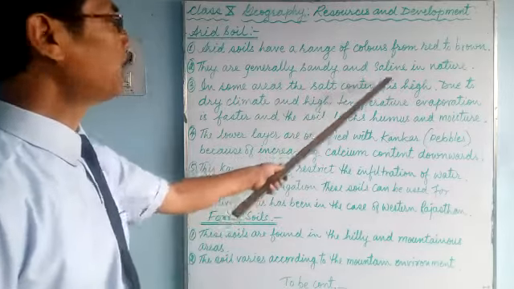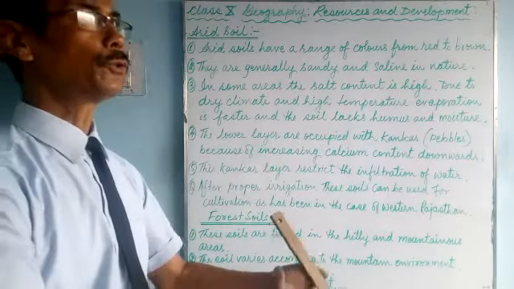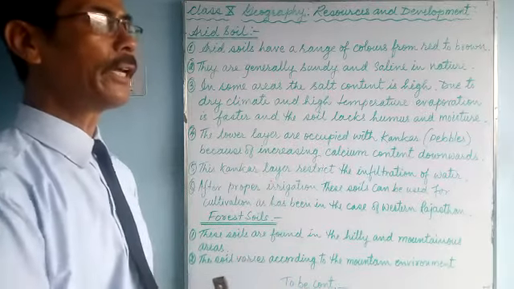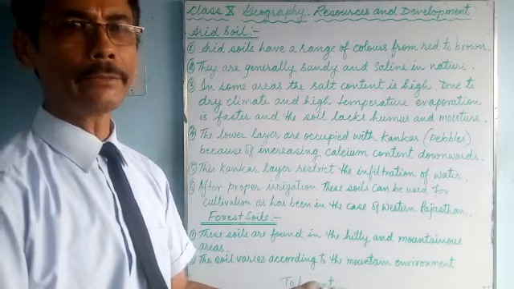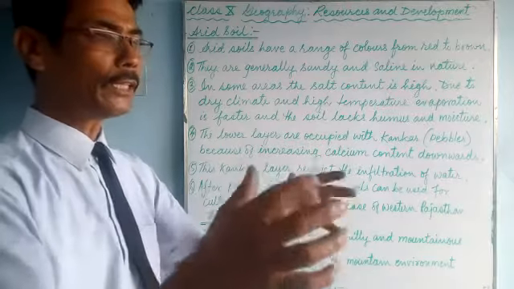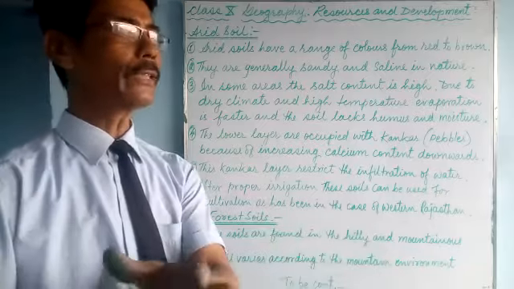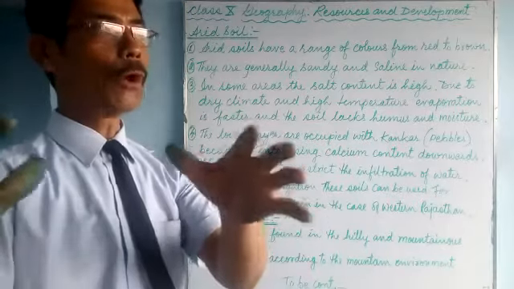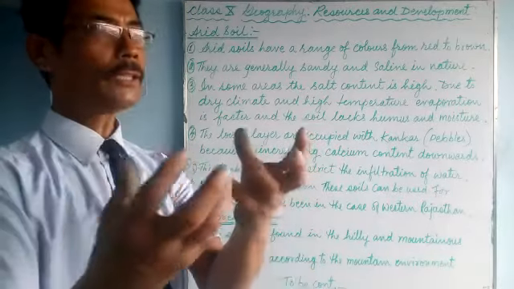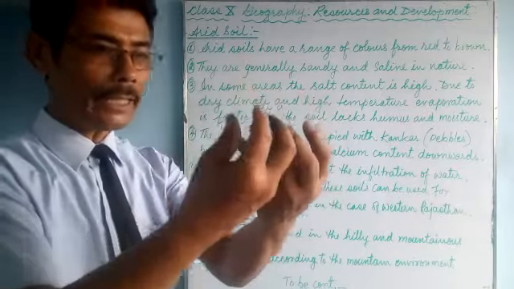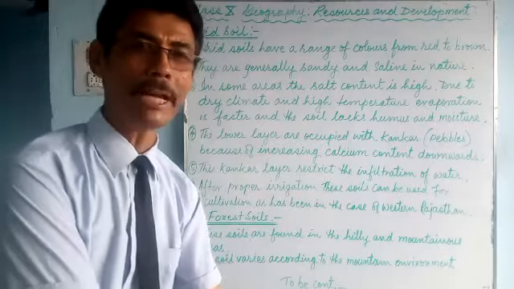Why are they more saline? Naturally soil contains minerals, but here in dry regions it doesn't rain, so the salinity of the soil remains there. But in areas having more rainfall, the mineral salts get dissolved in water and it percolates deep down inside.